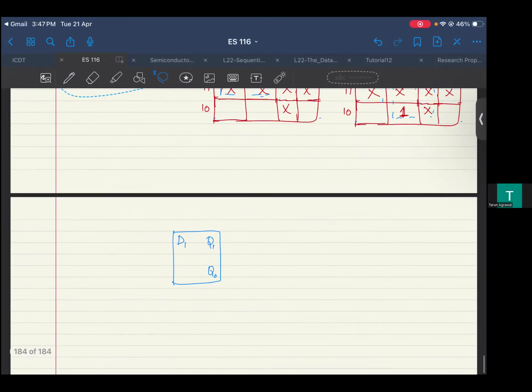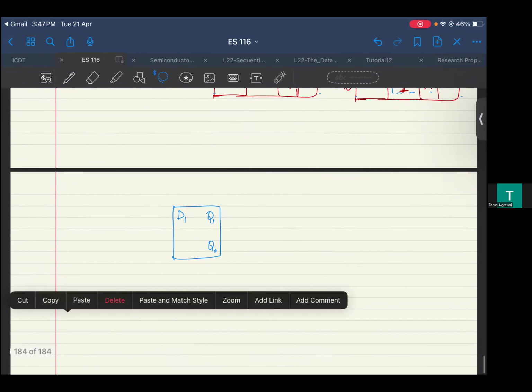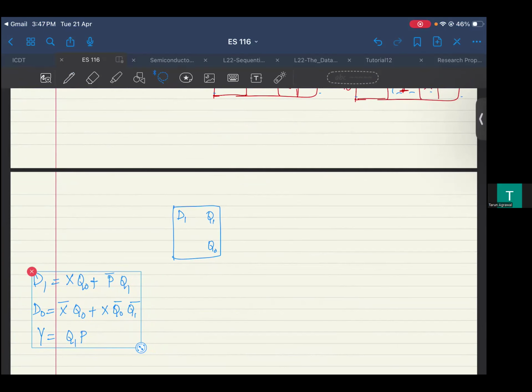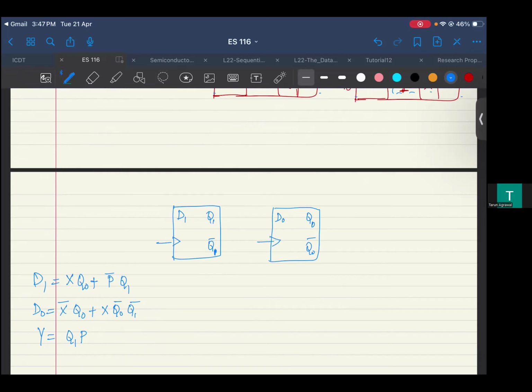And then we have the other flip-flop, which is your D0, Q1, Q0. This is our flip-flops. Clock is connected together, right? Both are clocked at the same time.